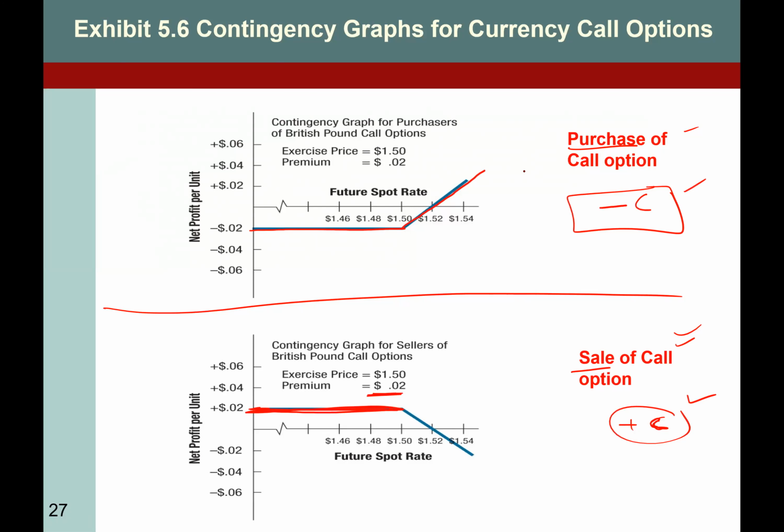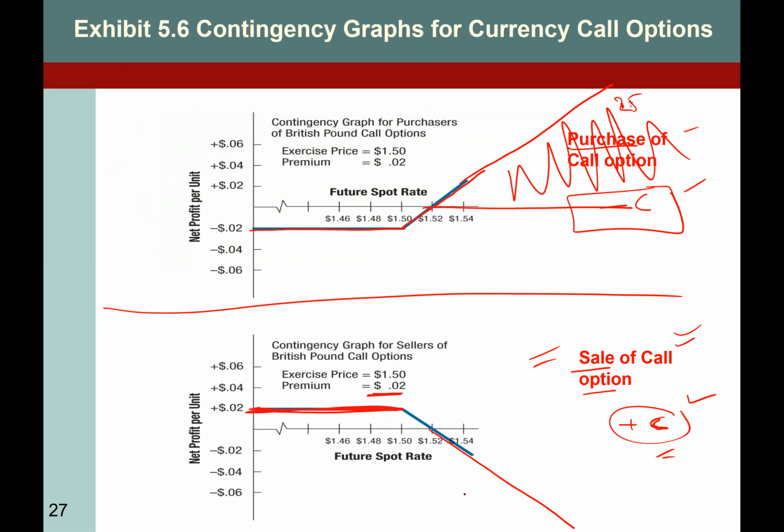And how much is the profit? Unlimited. If the market price goes above the exercise price, he will exercise. Whatever the price, his profit would be unlimited, right? But the loss of the seller of the call option is also unlimited, because if the price goes up, the chances are higher that the buyer will exercise and your loss is going to be huge.